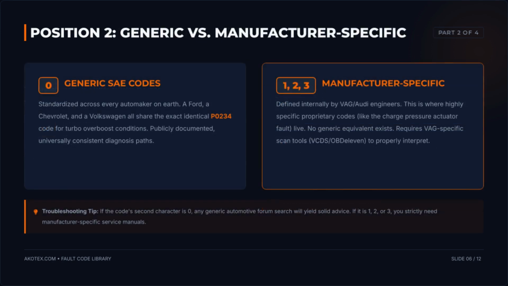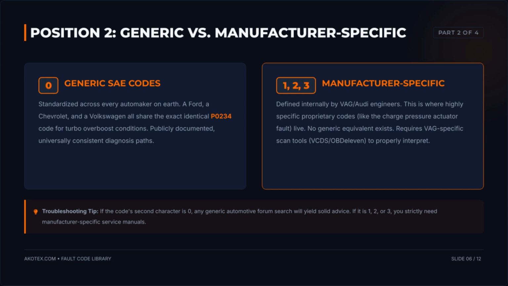Position 2, the first digit, and this is arguably the single most useful piece of information in the entire code. A 0 means it's a generic SAE code, standardized across every manufacturer. A Ford, a Toyota, and a VW all use the identical P0234 for an overboost condition. That logic is publicly documented and consistent everywhere.